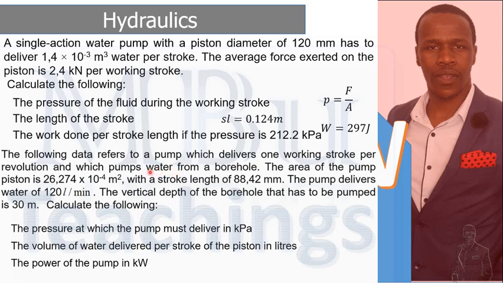So we know that it's pumping water, so that means we have rho for water, which is 1000. We still have g, which is 9.8. Then one other thing that is challenging is this volume. We are told that this pump delivers water of 120 liters for each minute.